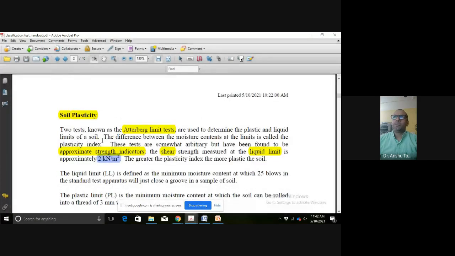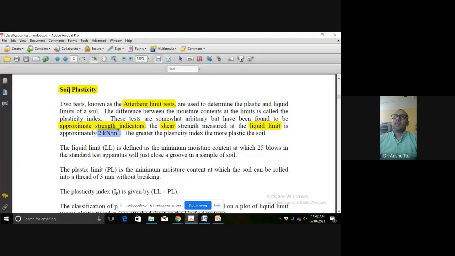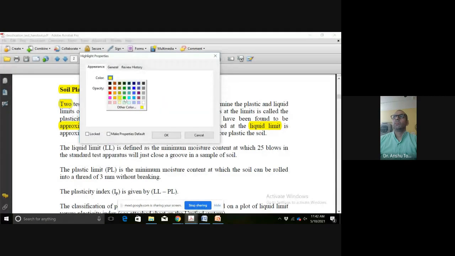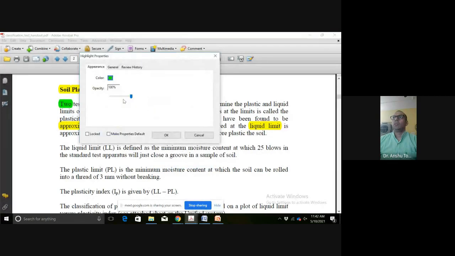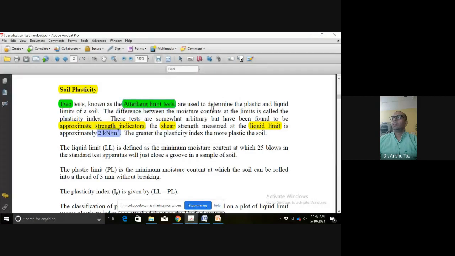Soil plasticity, 2 tests. It is known as Atterberg's limit tests, used to determine the plastic and liquid limits of the soil.